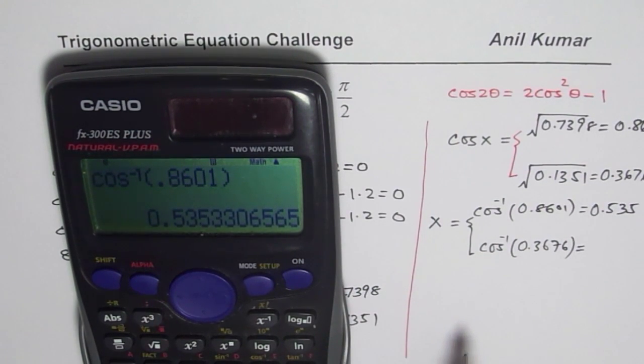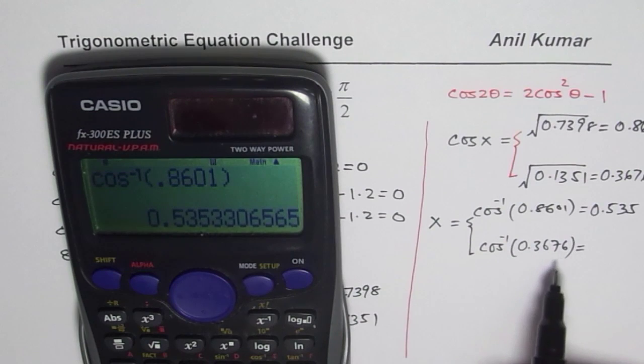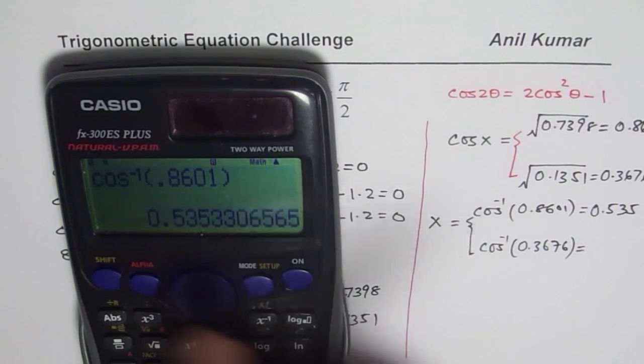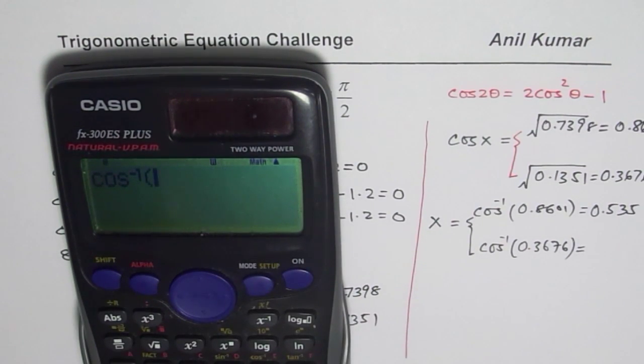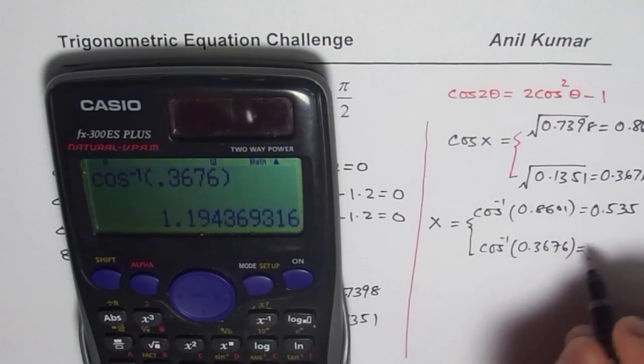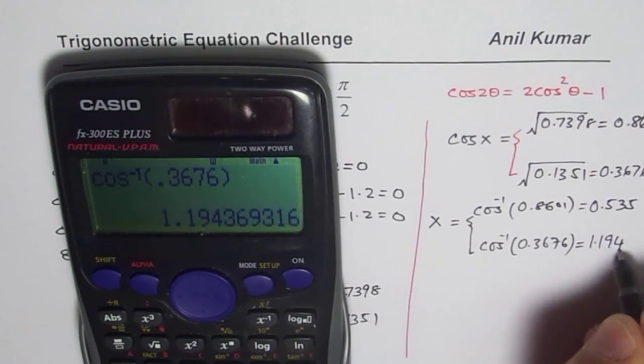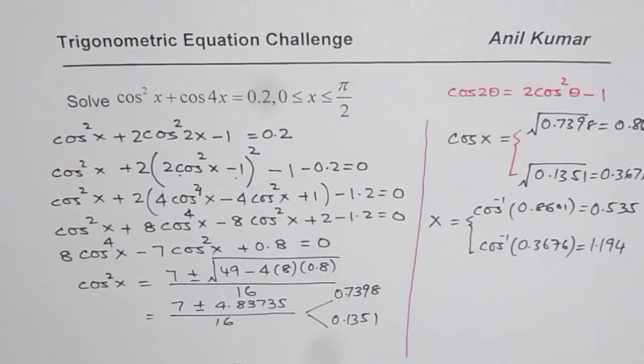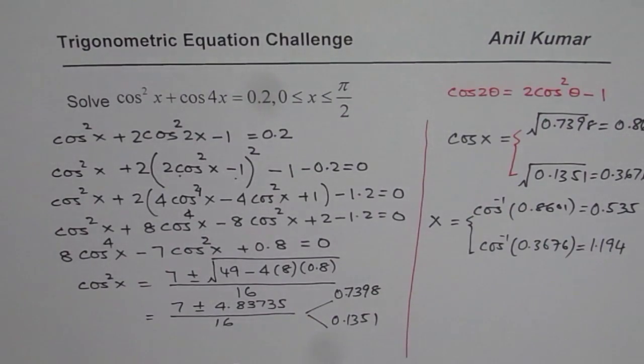And let me find the cos inverse for the other number, shift cos inverse of 0.3676, which gives us 1.194. So that is the value of x which we get, and that is our solution.